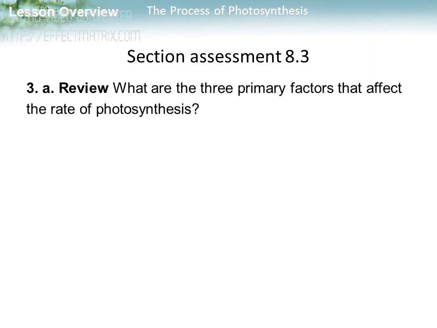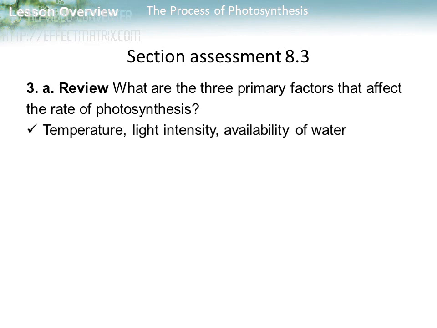Now we are going to the last question, 3a. Review: what are the 3 primary factors that affect the rate of photosynthesis? Well then, temperature, light intensity, and availability of water are the 3 primary factors that affect the rate of photosynthesis.